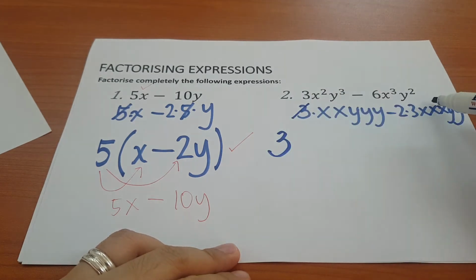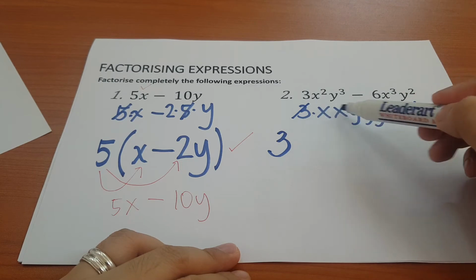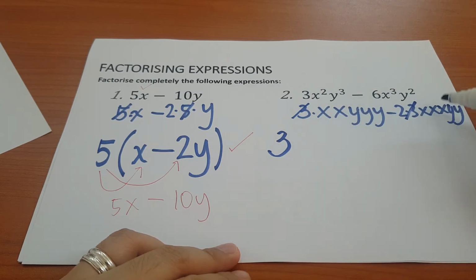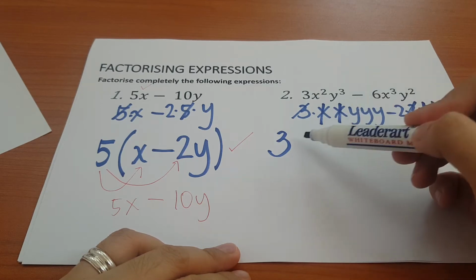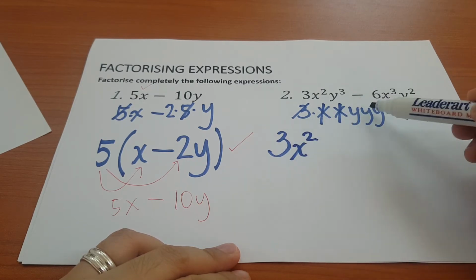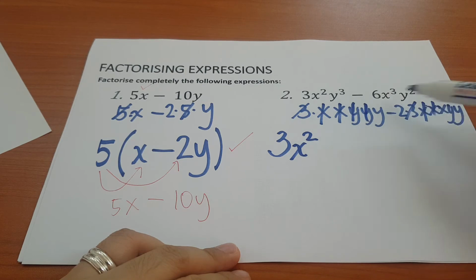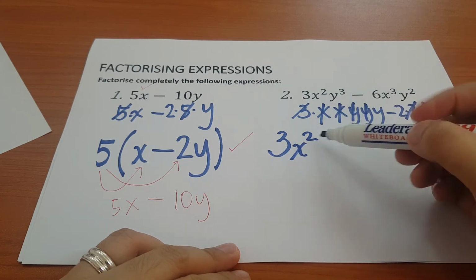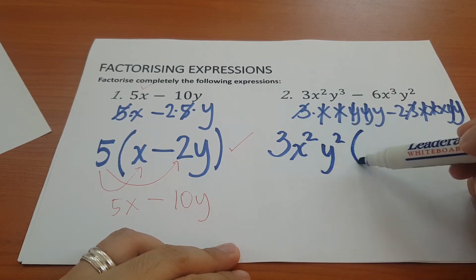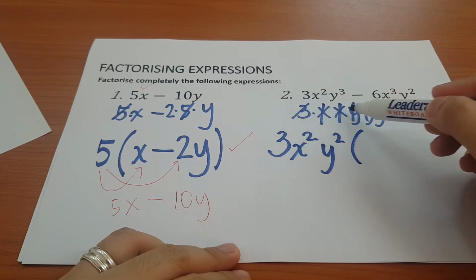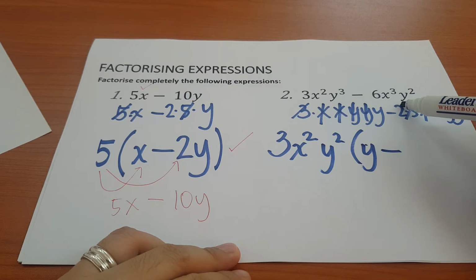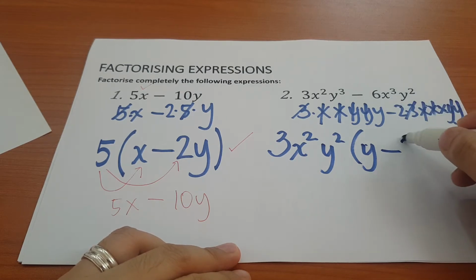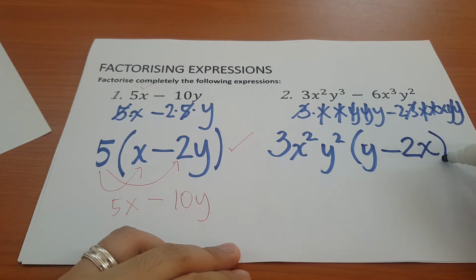How many x's? You have 2x here and 3x here, so 2x comes out, that means x squared. How many y's? You have 2 y's, so you take y out, and the remaining here is just y. The remaining on the other term is minus 2x.